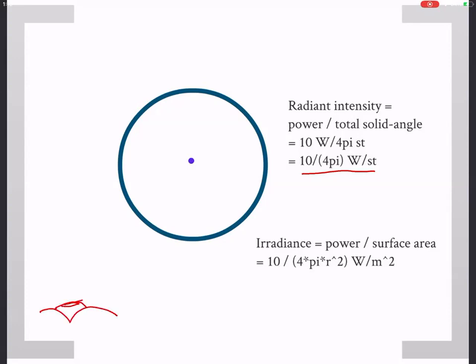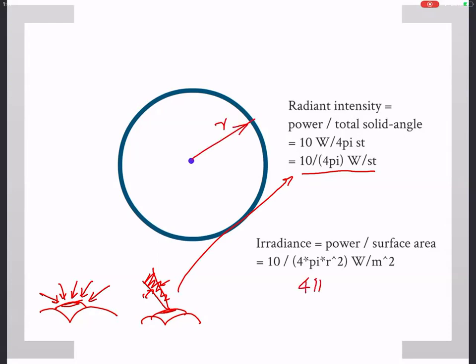Flux is everything, whereas intensity is only within a small solid angle, right? So that's the first part. The second part is power per surface area, so you need to know how far away it is. This radiant intensity is spread over an area of 4 pi r squared, right? So 10 watts divided by 4 pi r squared would be the irradiance.